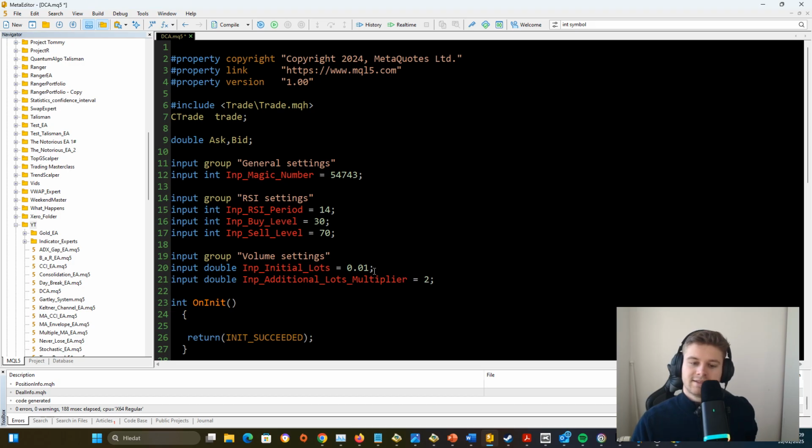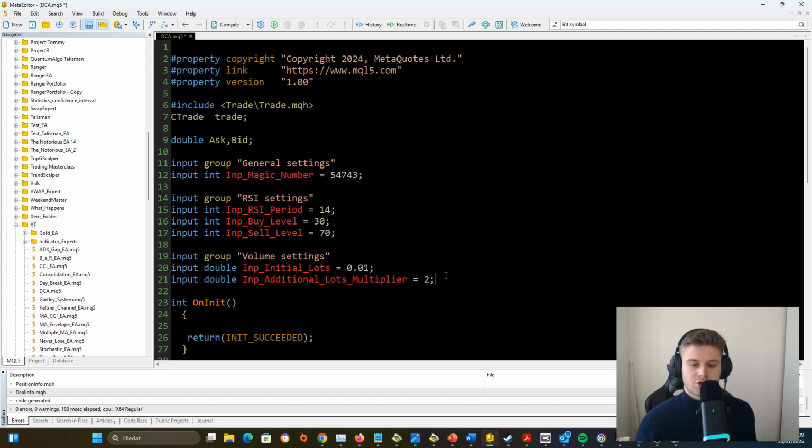So what this means is that when we open a first position, for example a buy position, that first position will have a lot size of 0.01. Then the second position, when we activate the DCA concept, will have 2 times the initial lot size, so 0.02.